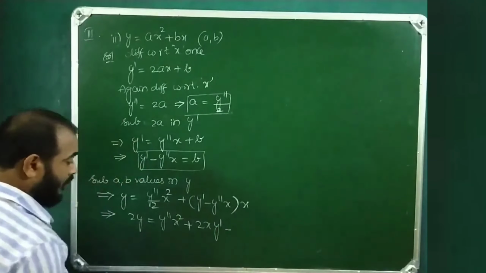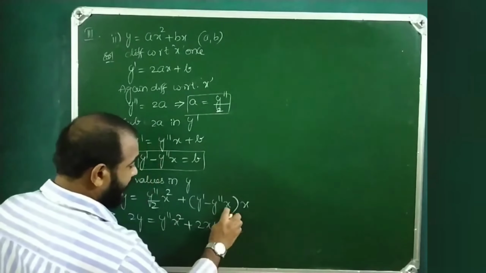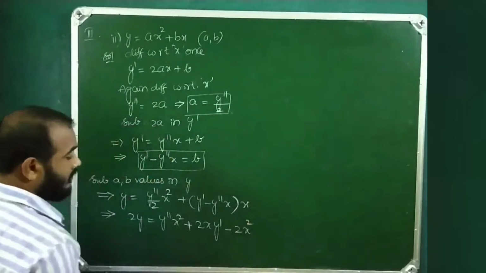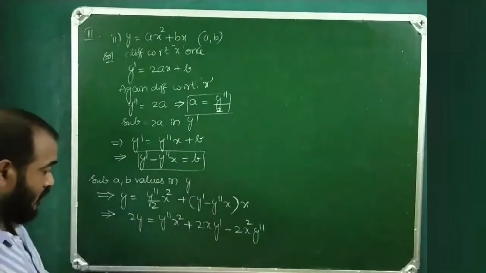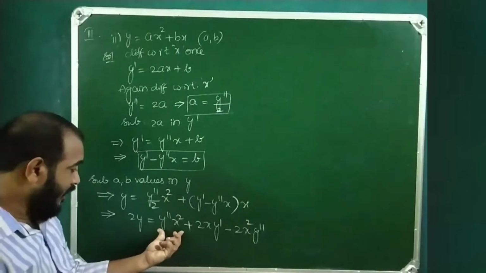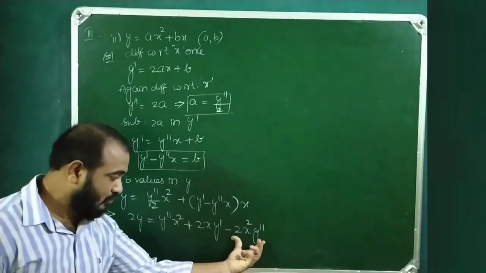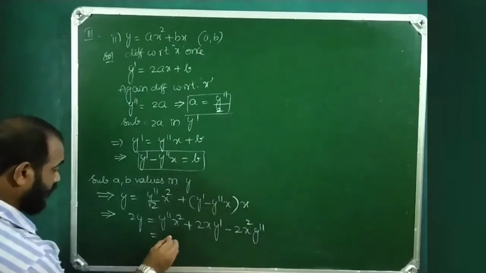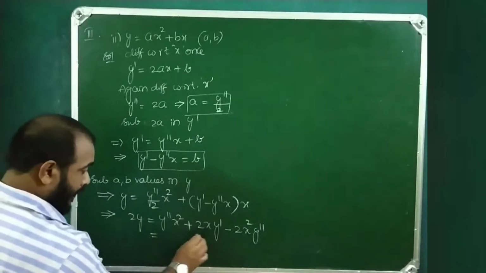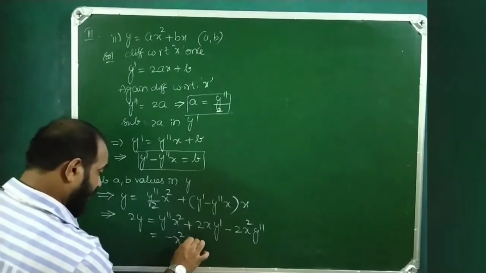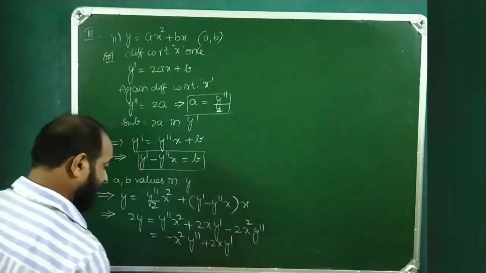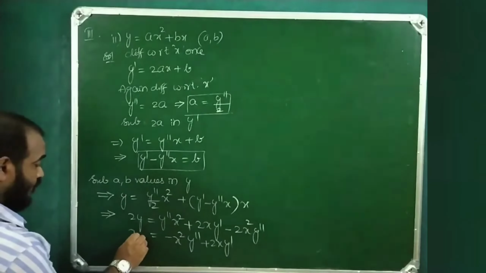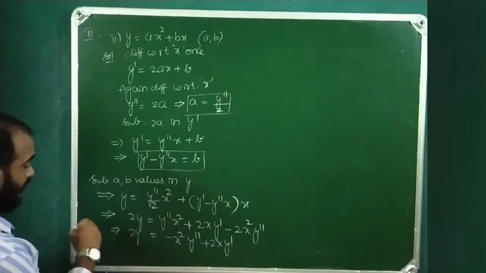This is 2y = y'' x² + 2x y' - 2x² y''. Now, y'' x² minus 2x² y'' is equal to minus x² y'', so minus x² y'' + 2x y' = 2y.